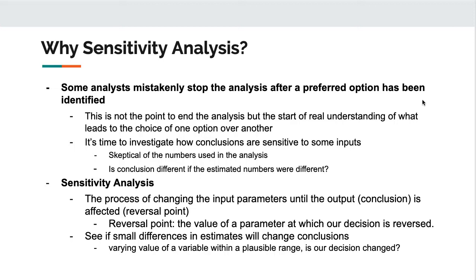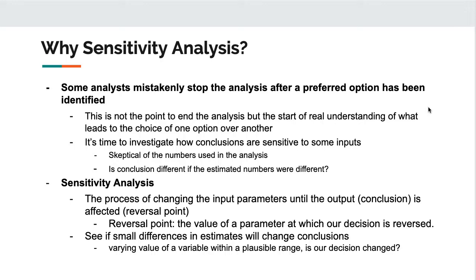Roughly, sensitivity analysis can be defined as a process of changing the input parameters until the output or conclusion is affected or changed, and that we call the reversal point. The reversal point defines the value of a parameter at which our decision is reversed. So if you pass over such a value, the decision is going to change from one to another.